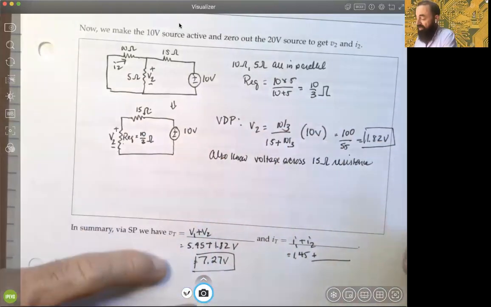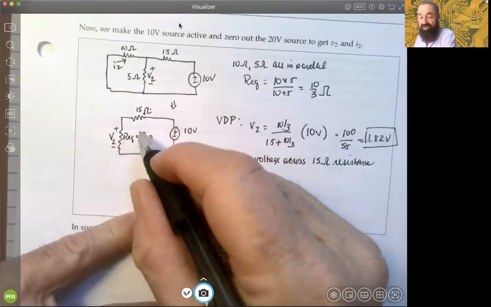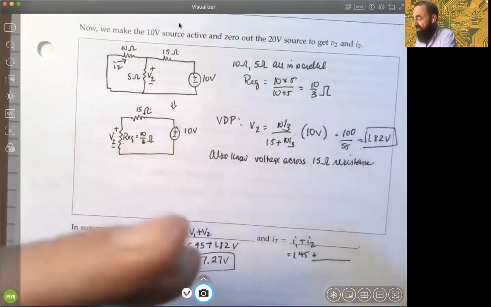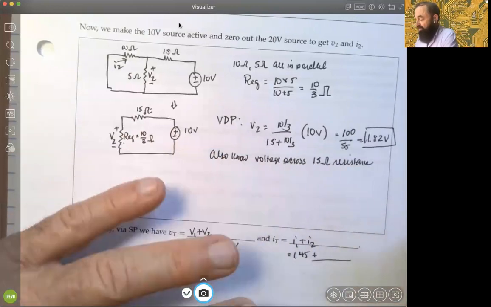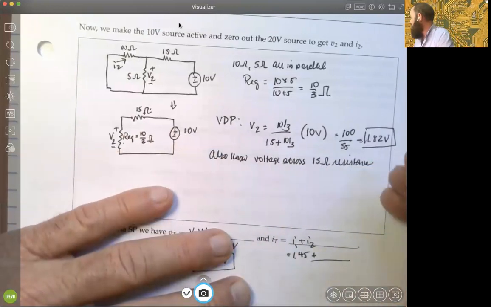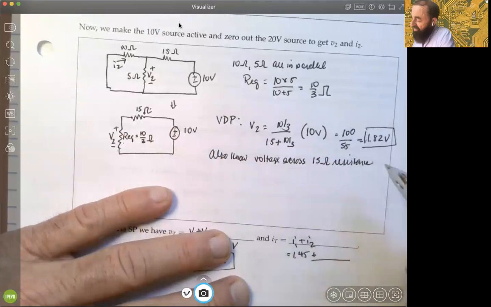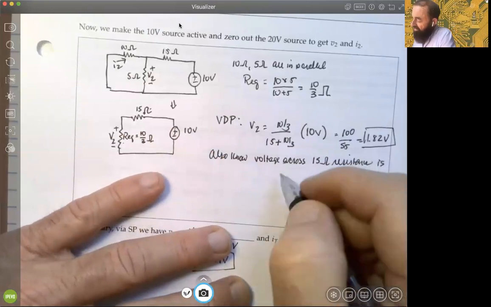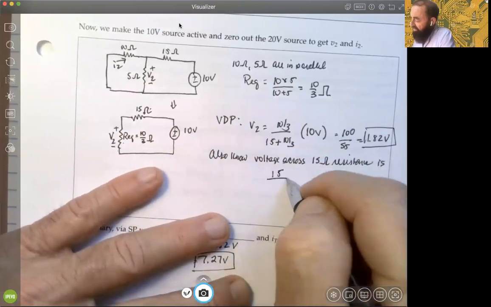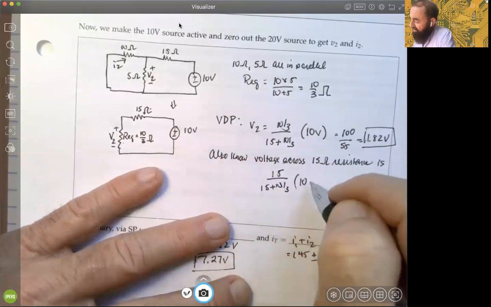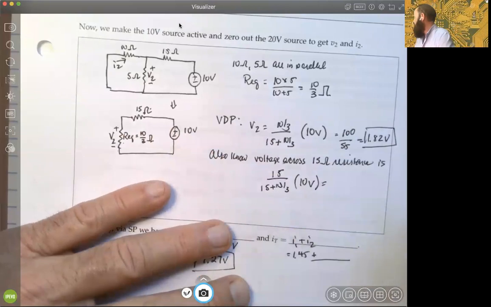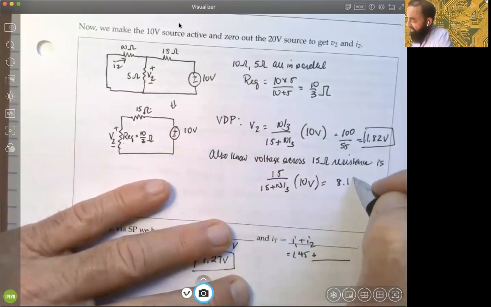Well, this is VDP again, because these two resistances are in series with that voltage source. We're just getting the other term. Don't have a label for it right now, but we'll just get the calculation for it. So that would be 15 over that sum again, 15 plus 10 thirds, times 10 volts. And that proportion turns out to be something like this, 8.18 volts, okay?